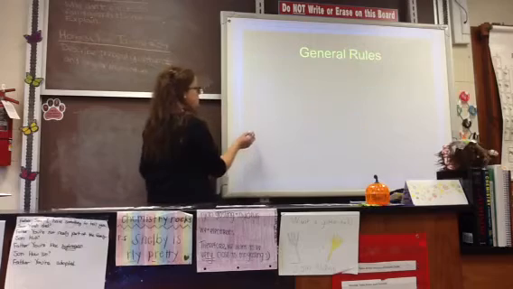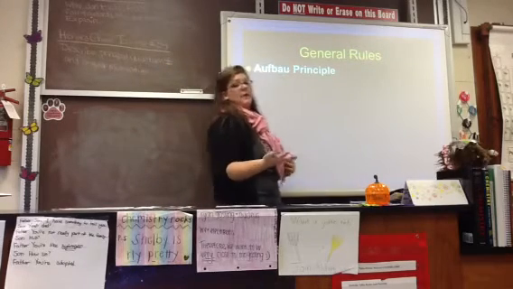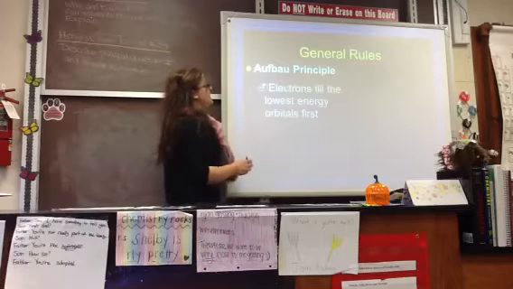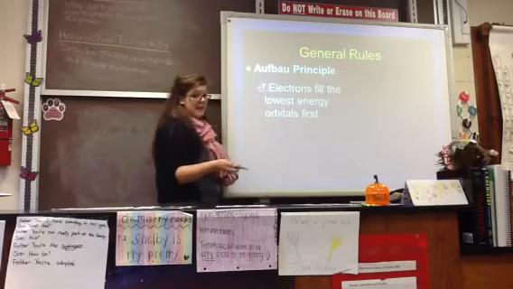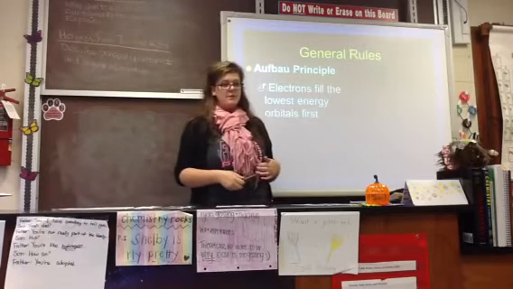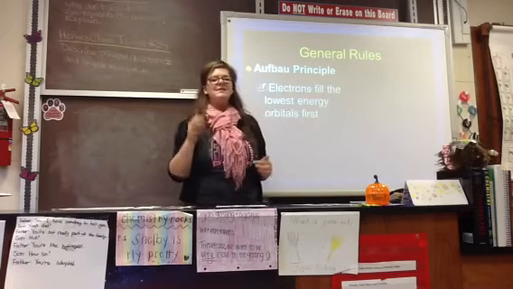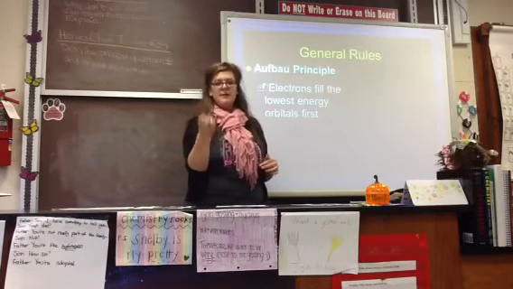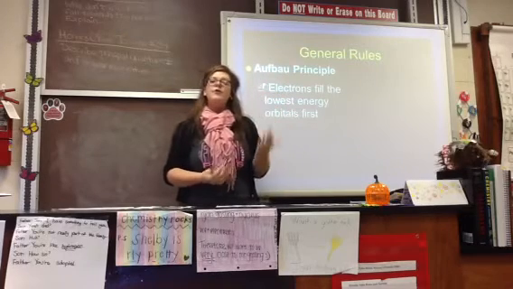Okay? This next rule, the 2nd rule that will govern how we write electron configurations, is something called the Aufbau principle. The Aufbau principle states that electrons fill the lowest energy orbitals first. So that means I can't jump all the way to the 6th row, or the 6th energy level, without having every single one of the rows before filled up.